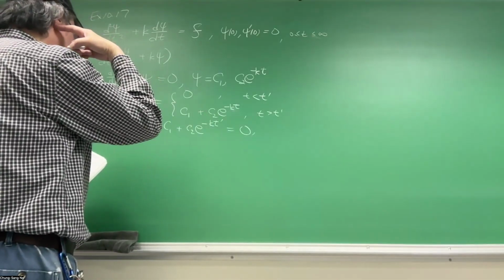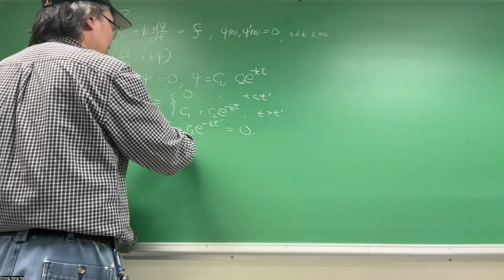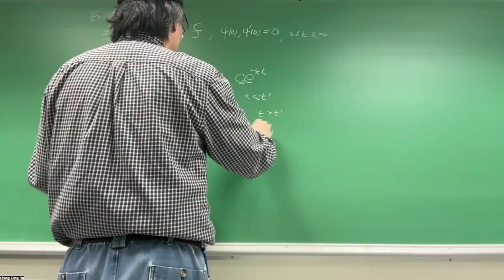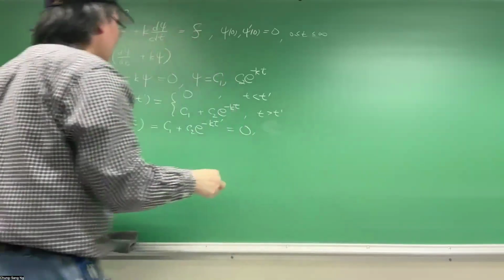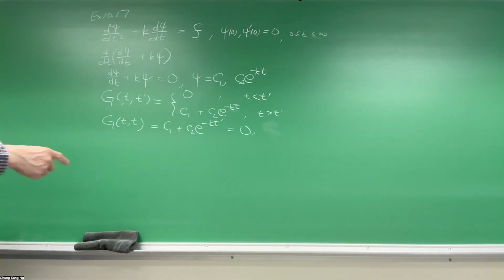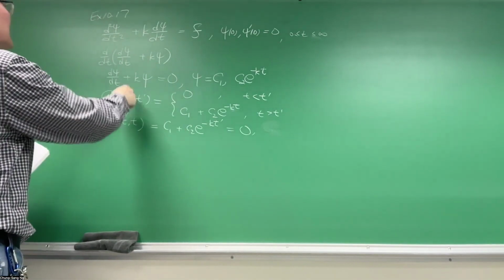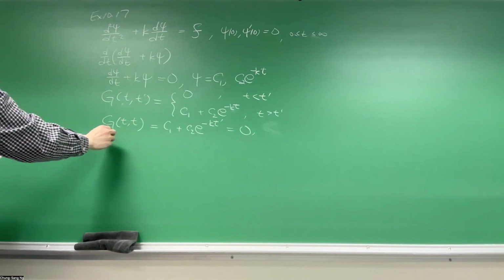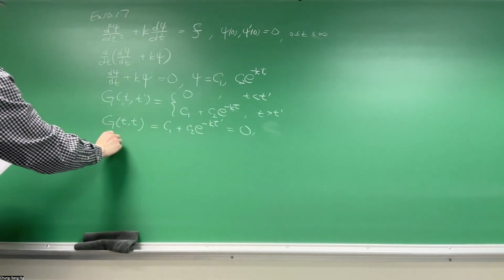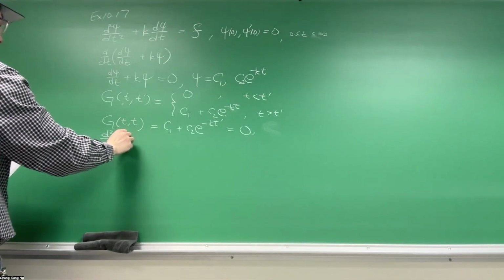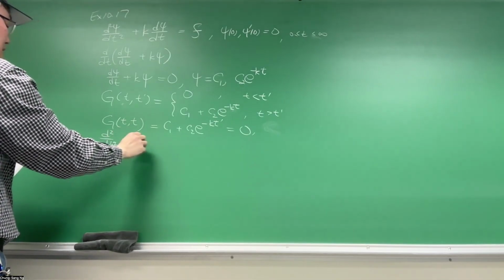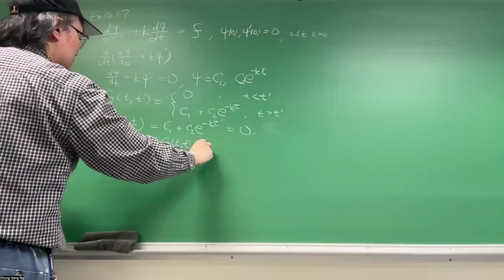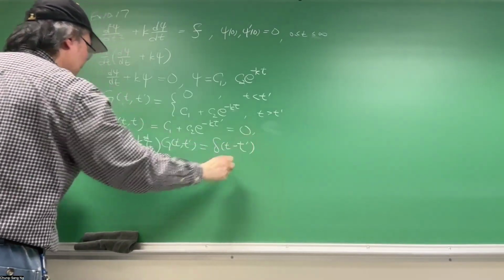In order for that to be 0, you need to solve for that, but then we need to find another condition. The condition is that because the Green function satisfies d squared dt squared plus k dt of the Green function G(t, t prime) equals the delta function of t minus t prime.